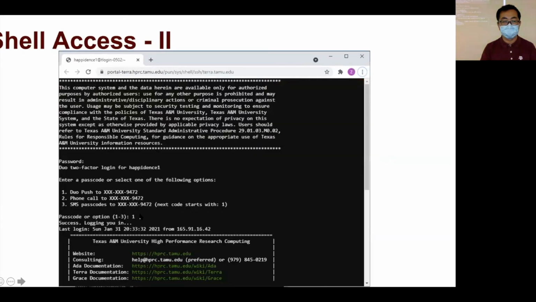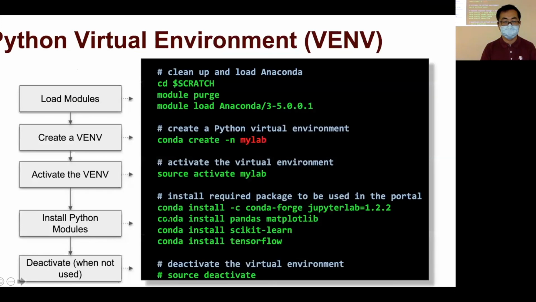So we have gone through these steps. We have logged in to our Terra cluster. And the next step is to create a virtual environment. These are all the commands you need to create a virtual environment on the Terra cluster.